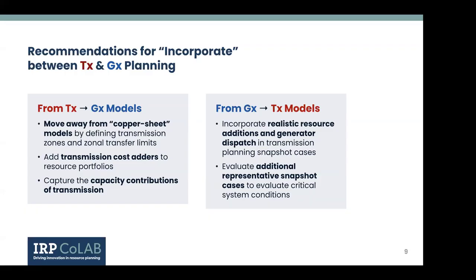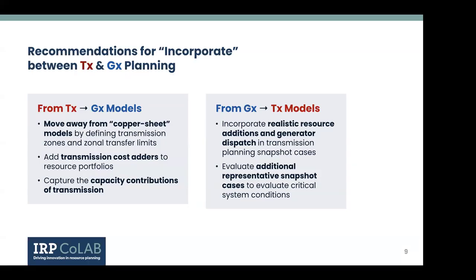Being able to configure these snapshots with a realistic representation of what future resources might be, which can come from, for example, a capacity expansion model informed future portfolio, can help make these snapshots more realistic by representing that generation mix.